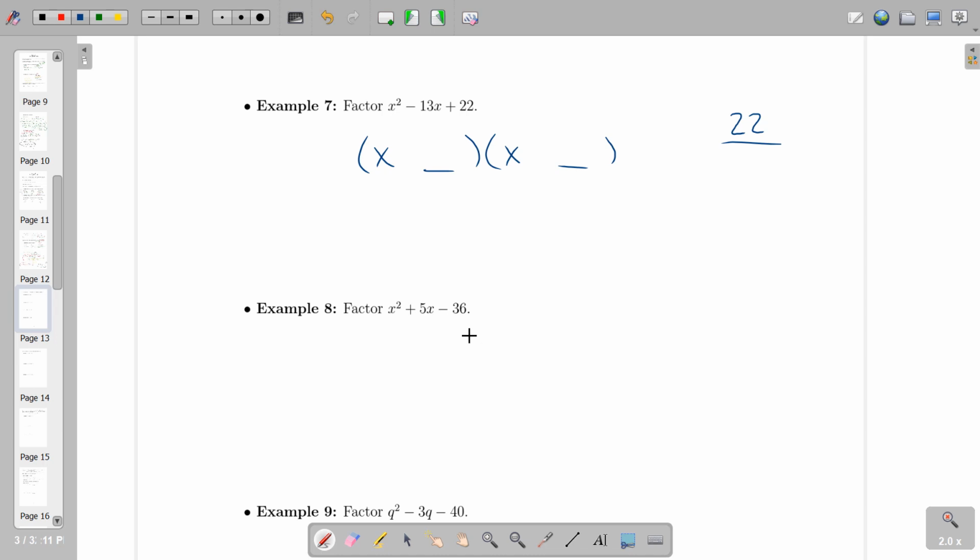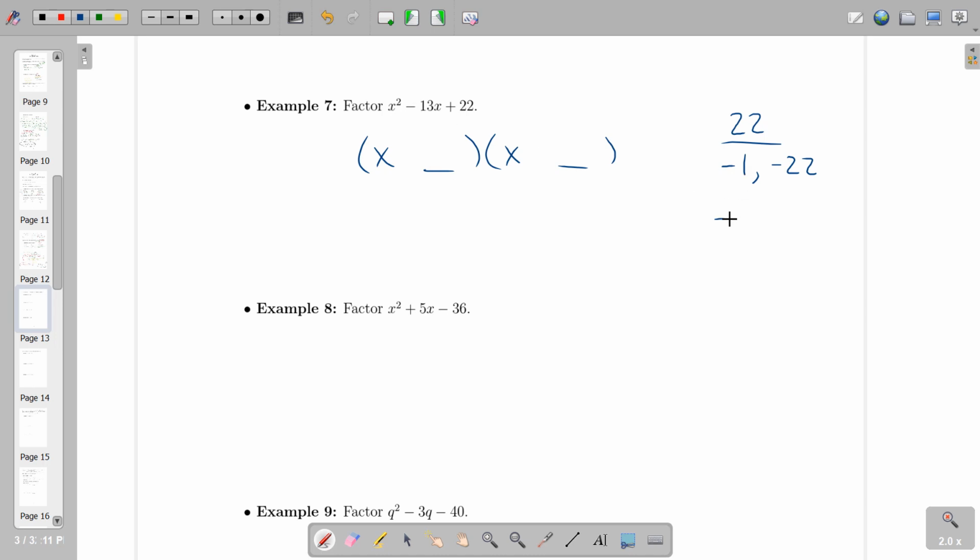But here's the thing, there's two ways to make positive 22. You could multiply a positive times a positive, or a negative times a negative. So seeing this middle term as negative tells me that when I'm listing these out, I should be listing out negative 1 and negative 22 so that they can add together to make a negative middle term.